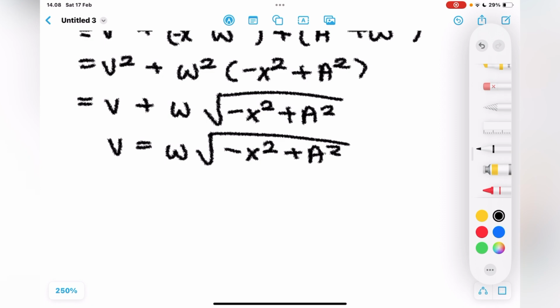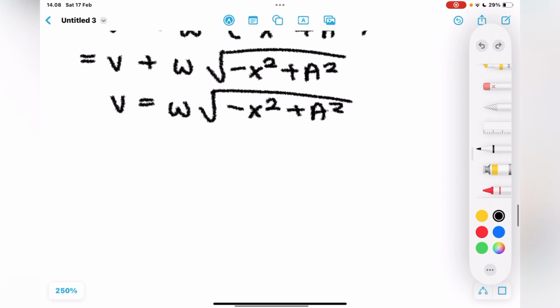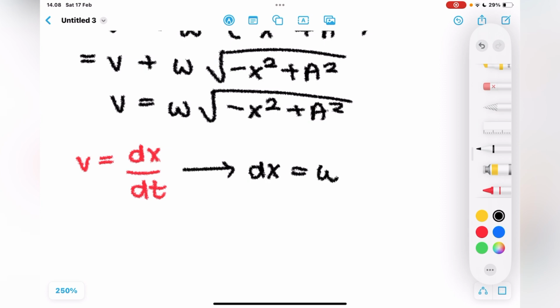But what we're trying to do here is to find the displacement, or x, which is over here. So what we can do is go back where we know that v is equal to dx over dt. And from here, if we replace it, it'll be dx over dt equals omega times the square root of negative x squared plus a squared.